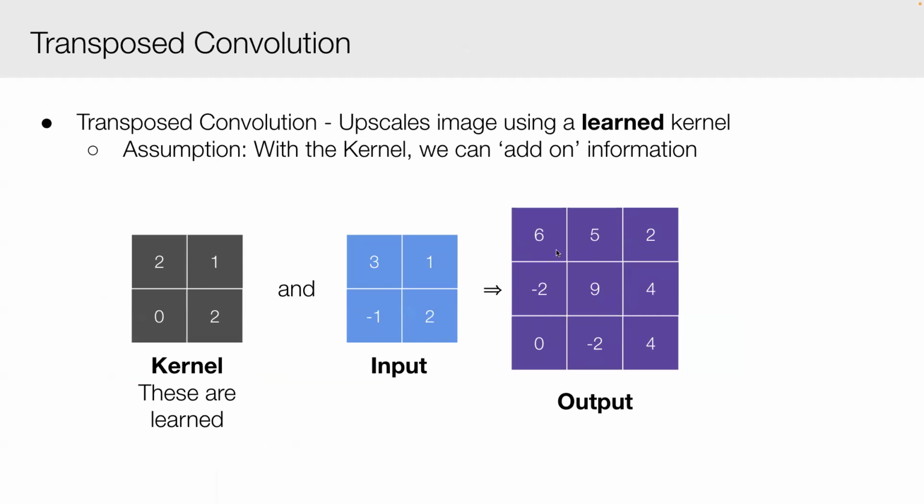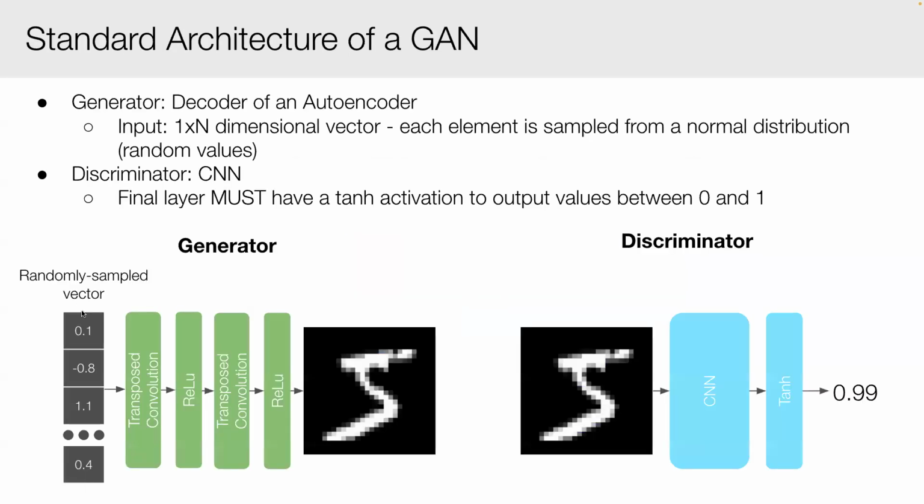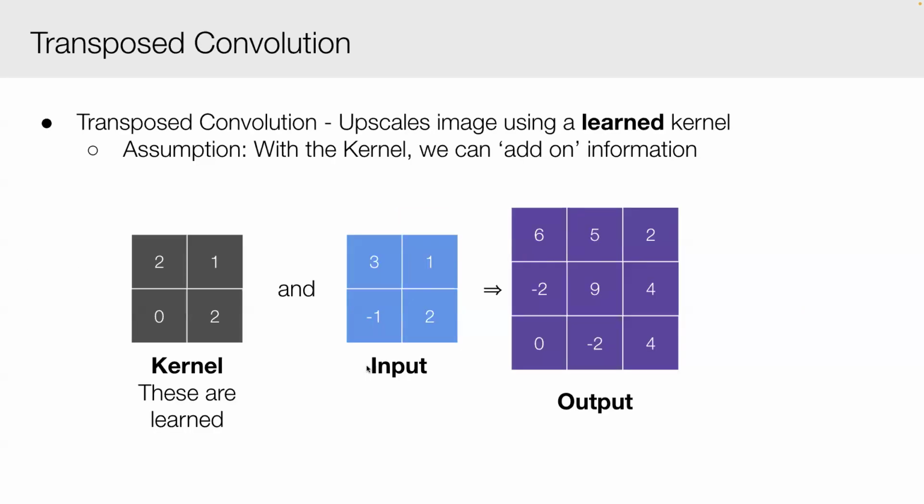From two by two, you went to adding one on the width and the height. Again, this kernel is a learnable weight, so think of it as learning to add detail to an image and increasing the size. That's how we can go from a 1 by 100 vector to something like 256 by 256.